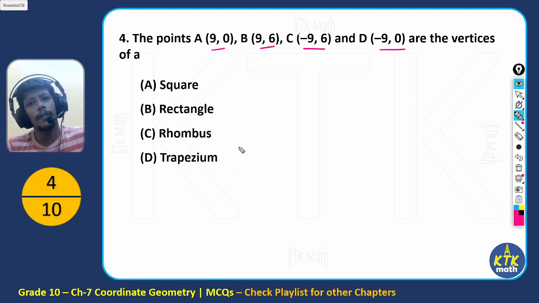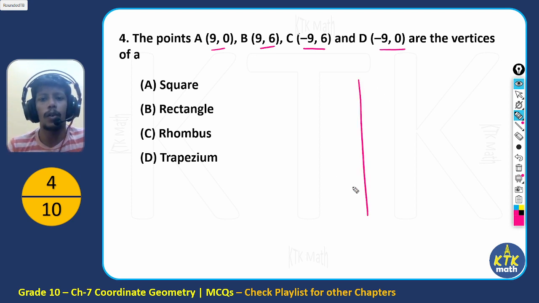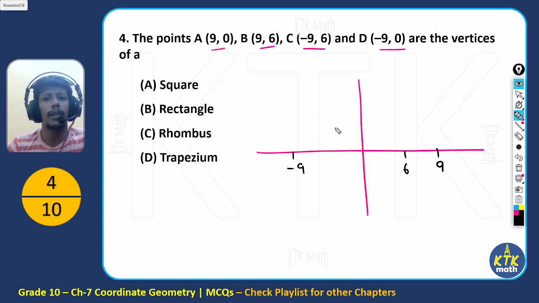Don't do like that. You just assume a coordinate geometry graph there, and you will get some 9 over here, and some 6 here, and you will have negative 9 on the left hand side. Just place the points approximately: 9 comma 0 is this point, and then 9 comma 6.